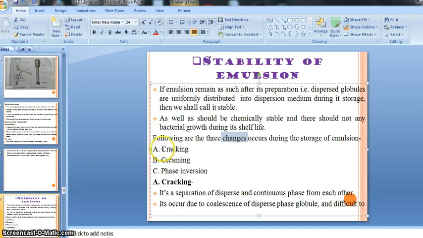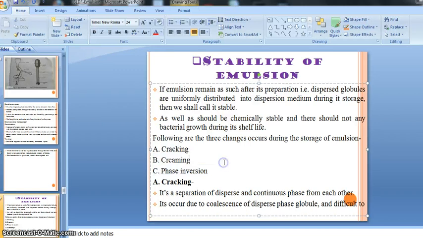So that's why we should have a thorough knowledge of whatever changes occur in our emulsion, right. So let's see: cracking, then creaming, then phase inversion. These are the three kinds of changes that may occur during the storage of our emulsion: cracking, creaming, and phase inversion, right.